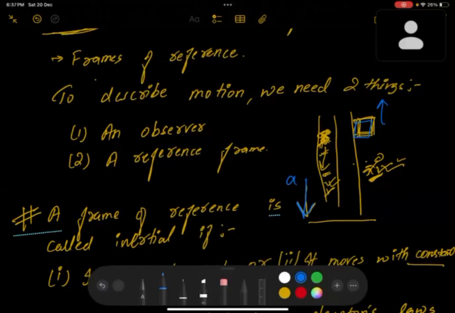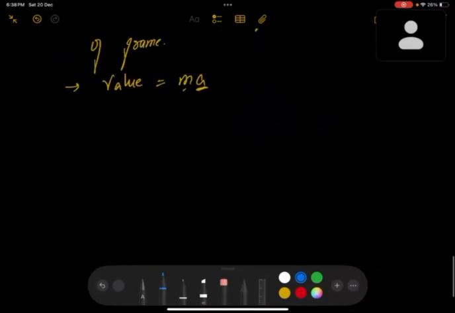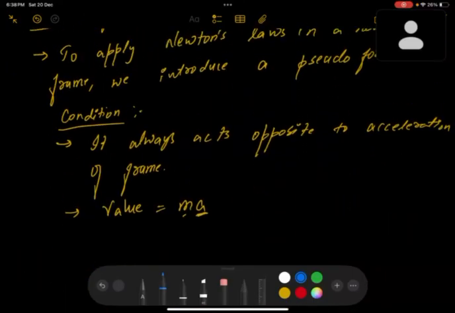So that is where the pseudo force comes in, and we apply the pseudo force as ma, the acceleration of this train into mass, in the opposite direction. You can see that the train is moving, let's say, in the south direction, but the object is going in the north direction. So we always apply the pseudo force opposite to the acceleration of the frame.